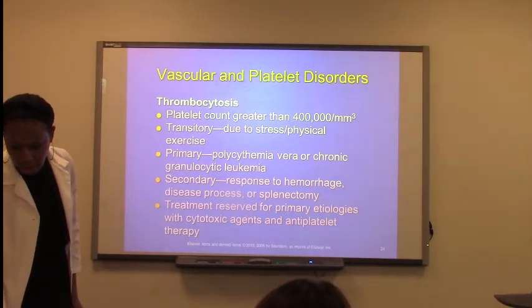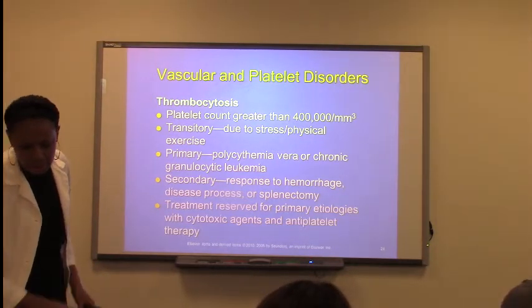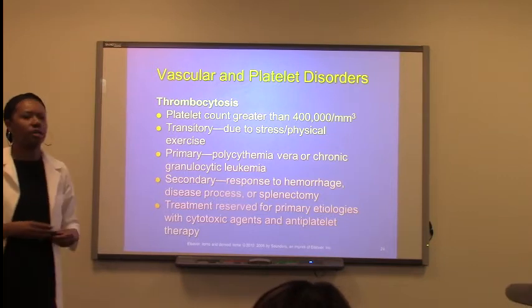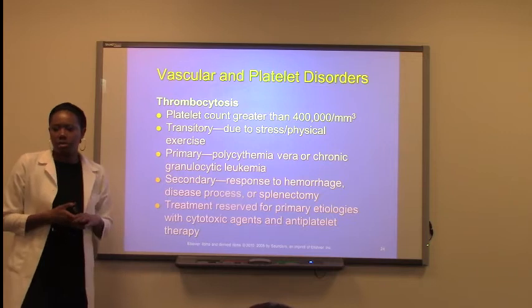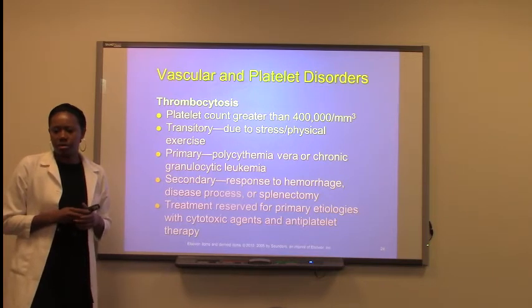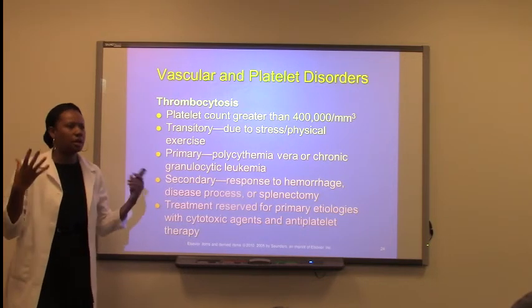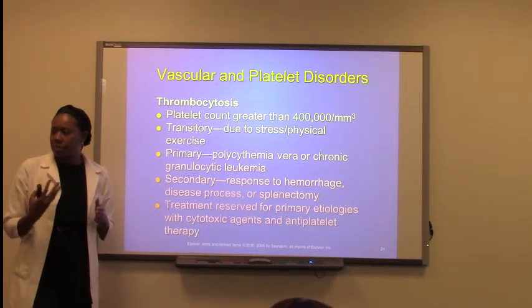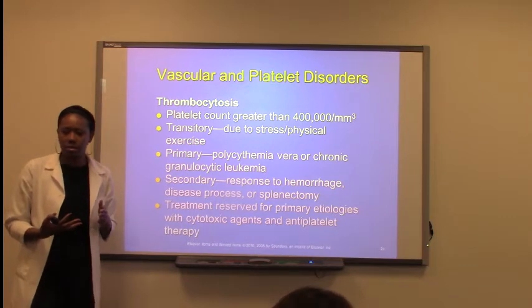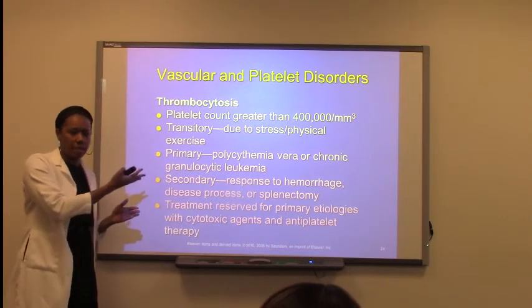Now, transitory, this can be due to stress or physical exercise. So sometimes, depending on what you're doing, say for example you're doing some kind of extreme exercise or whatever's going on with your body, and your body is increasing the amount of blood pumping through your vascular system, then you will increase the amount of platelets.